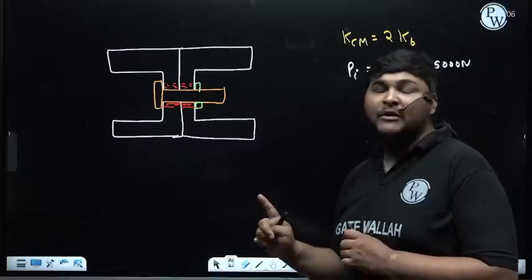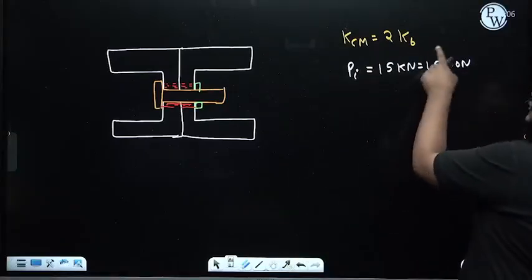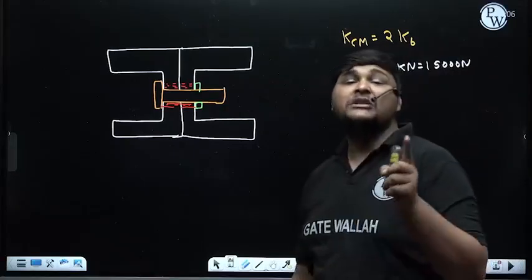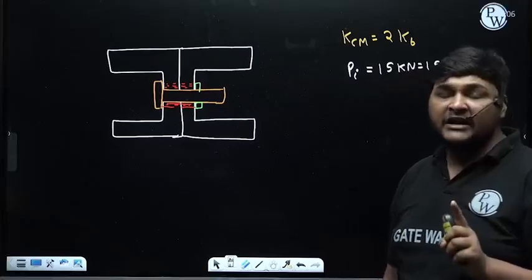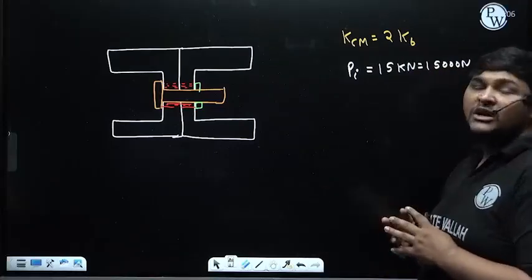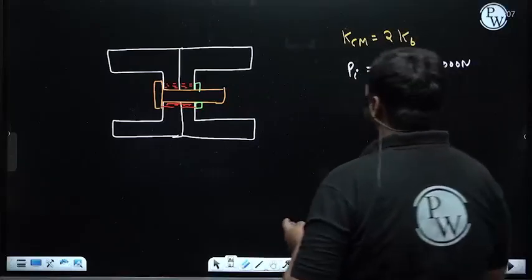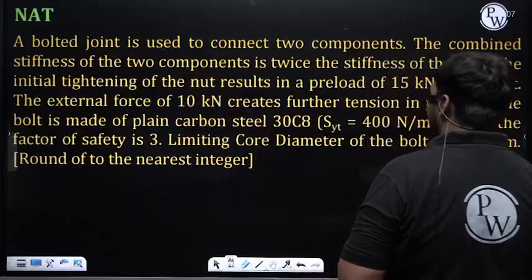Due to the preload or tightening load, this much tensile force will come in the bolt. The nature of this preload in the connecting member will be compressive with the same value. So this is the effect of preload. Right now the value of PI is 15 kilonewton.